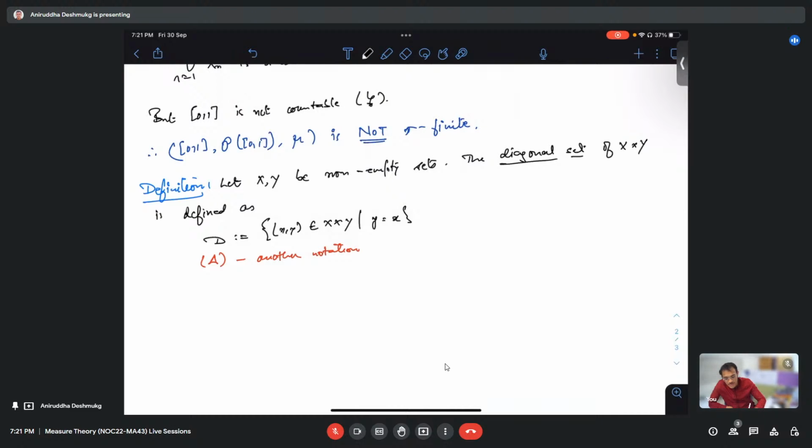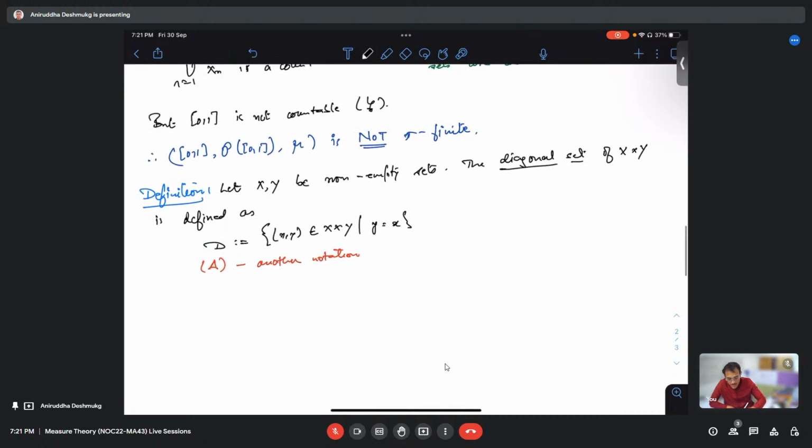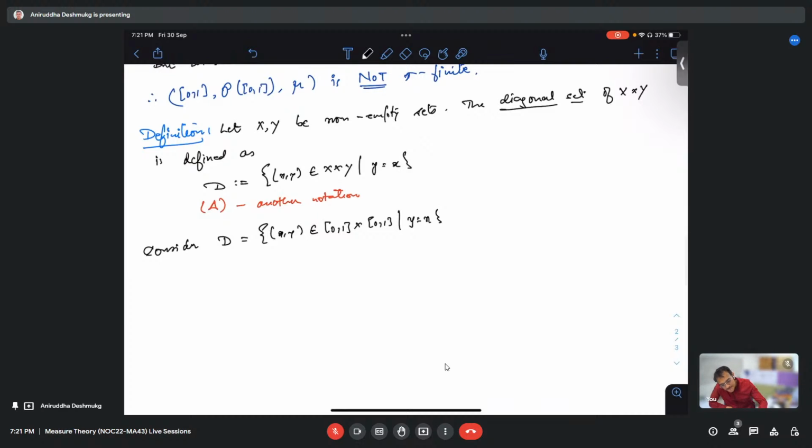Well, now the definition is true for any sets X and Y. We want to specialize this to our case when X and Y both are [0,1]. So consider D, that is all those pairs in [0,1] cross [0,1] such that y is equal to x. So how does this look? And why is it called a diagonal first of all?